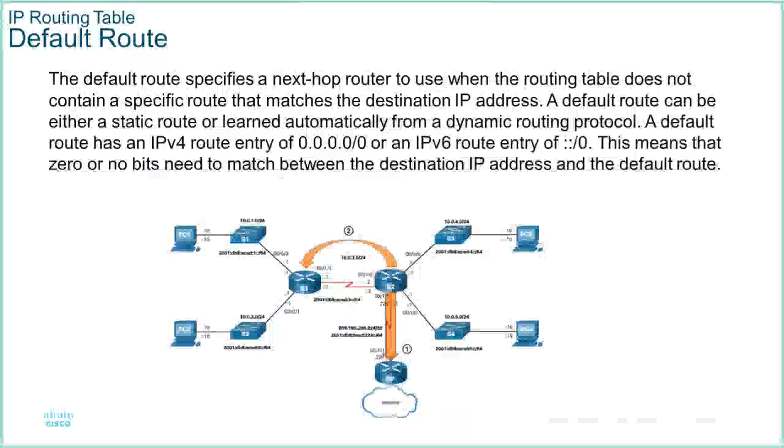Remember, in the routing table, we match as many bits as possible. So a default route means we're not matching any, so it's 0 match, but we don't discard the packet. We forward it on to somebody else, and it's their problem to sort out. It's pass the buck time.